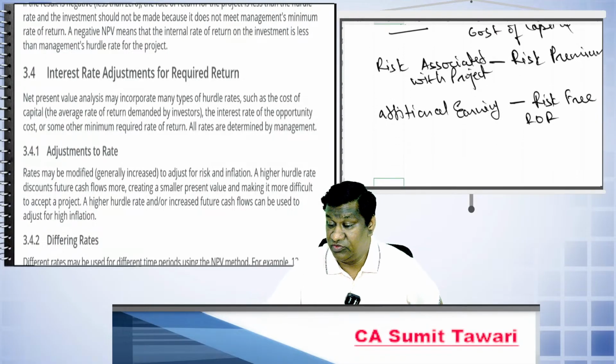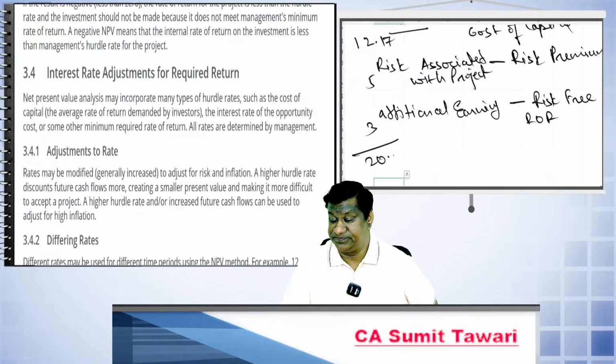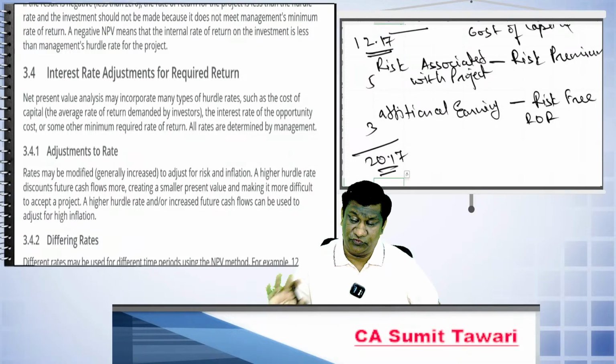So like if I consider 12.17 as my weighted average cost of capital, 5% and 3%, so it is 20.17. If I calculate the discounted cash flow with 12.17 and 20.17, what would be the impact?